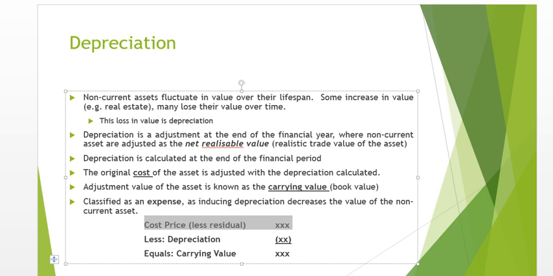So we take our cost price less residual, and then we subtract our depreciation from that, and that equals our carrying value. Okay, so depreciation, most importantly, is classified as an expense. In other words, the depreciation decreases the value of our non-current asset.